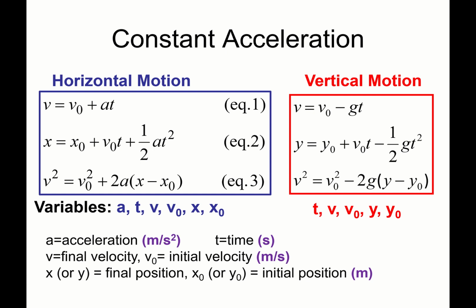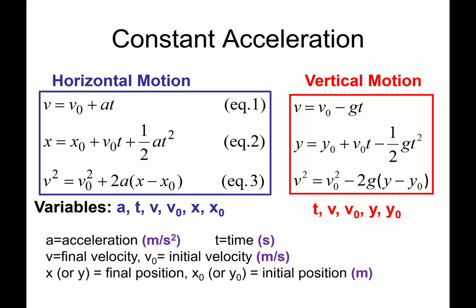And I put in y instead of x just to remind us that we're moving vertically. The units we should have: position should be in meters, so that's x or y. The velocity should be in meters per second. Time should be in seconds, and acceleration, which is velocity over time, should be meters per second squared.